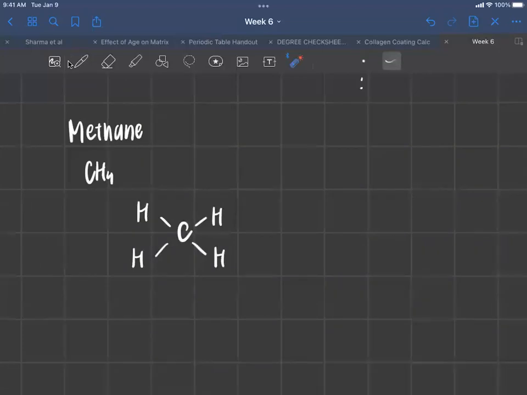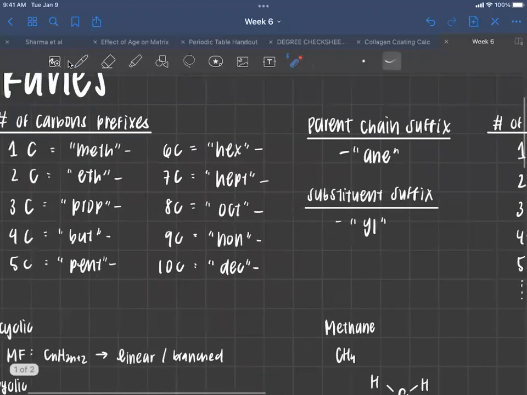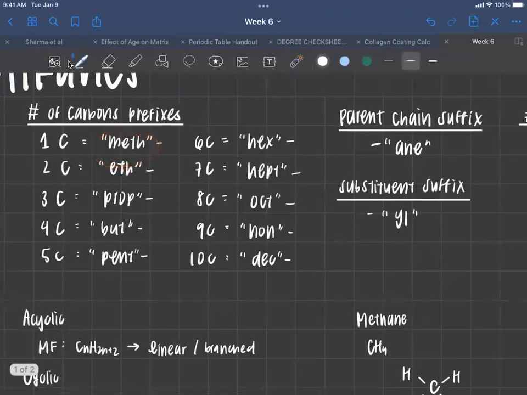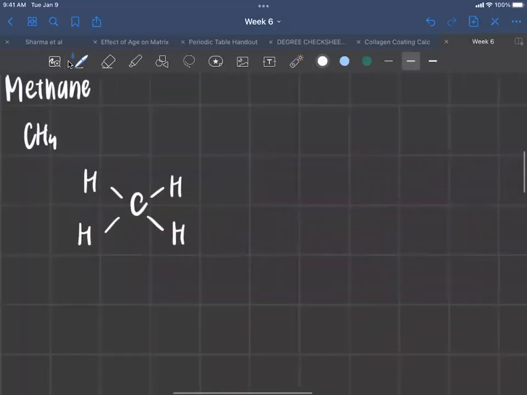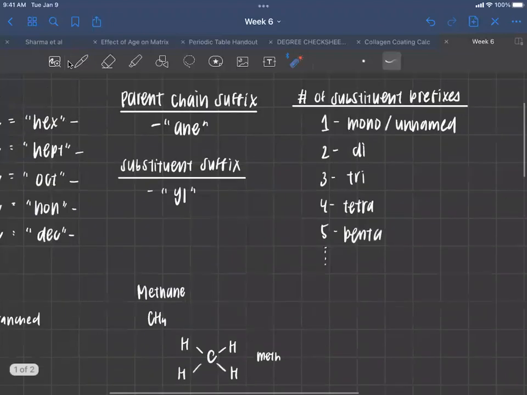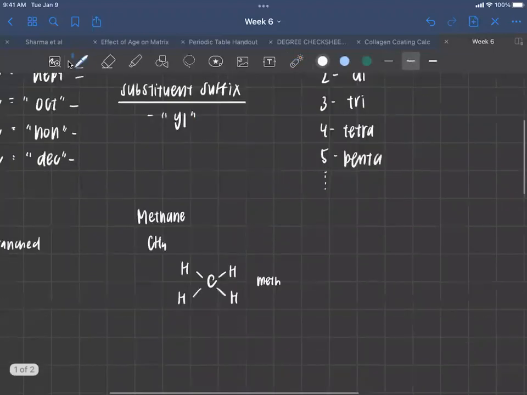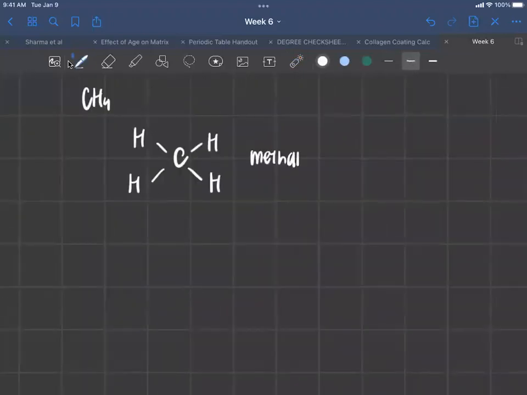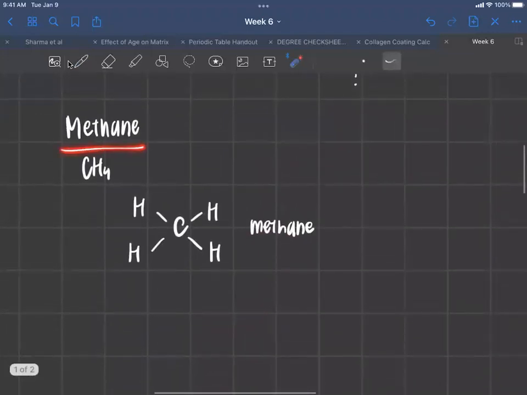We see that we have 1 carbon in this whole molecule. If we have 1 carbon, the prefix for that is going to be meth. Because we have an alkane, the suffix then will be ane. And that's how we come up with the name for this molecule, methane. I just thought it was very interesting.